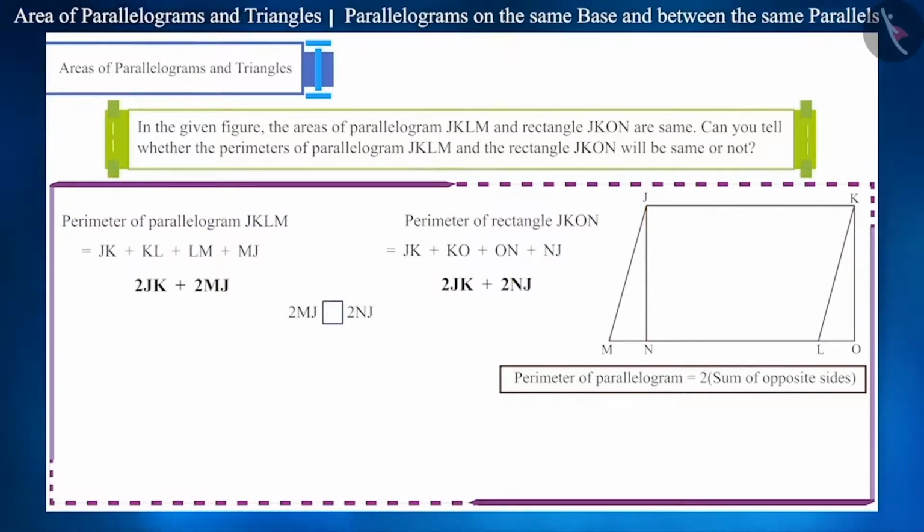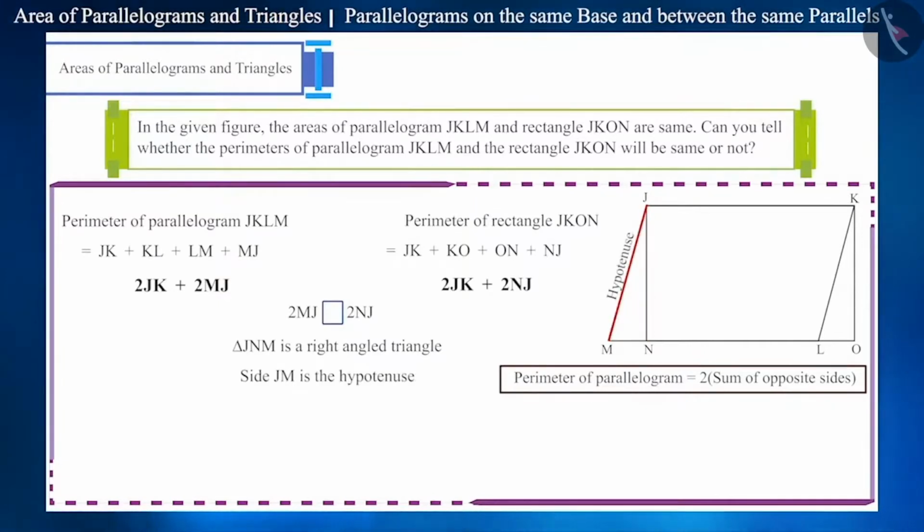Can you tell what would be the relation between the two? Will these two be equal? Let me give you a hint. We can see that triangle JNM is a right angle triangle where the side opposite angle JNM is hypotenuse JM.